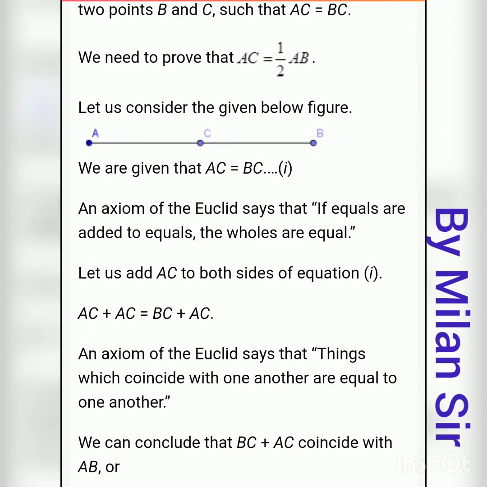First of all, an axiom of Euclid says that if equals are added to equals, the wholes are equal. Here it is given that AC is equal to BC.